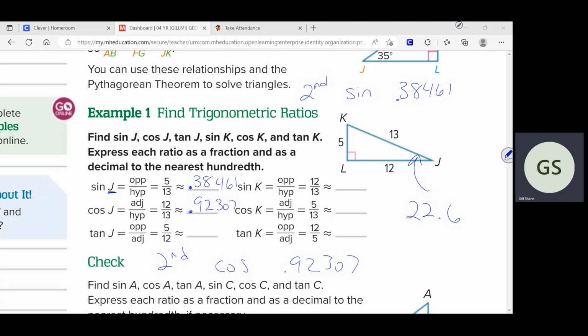Here's the tricky part. You've got to figure out which function to use. I don't tell you on most of the problems. Based on which angle you want, and what information you have, you're going to have to pick the correct function.